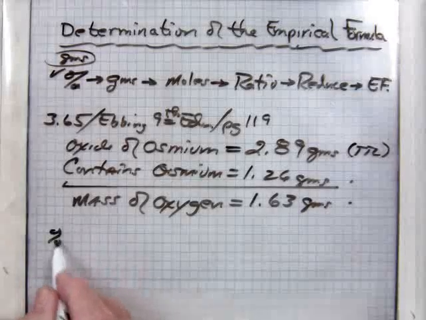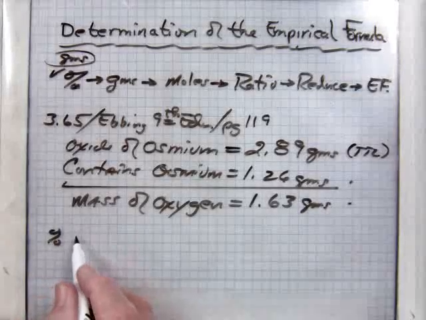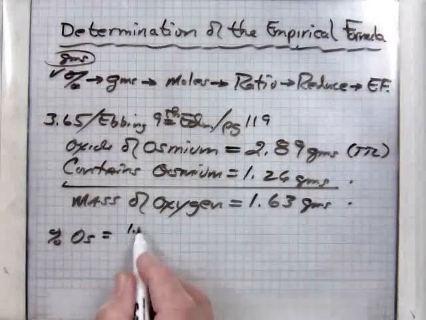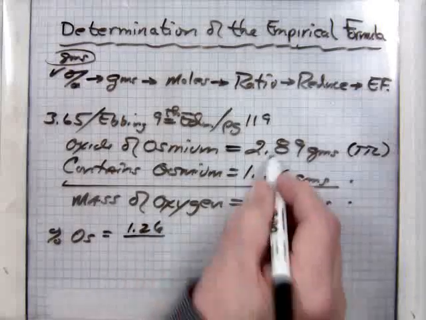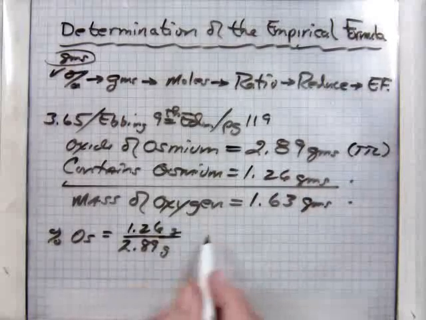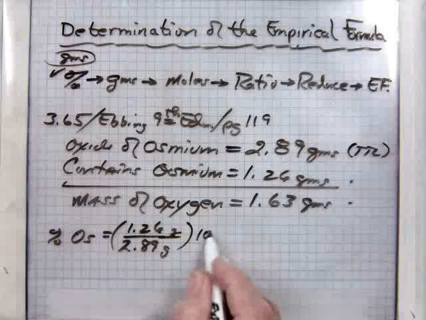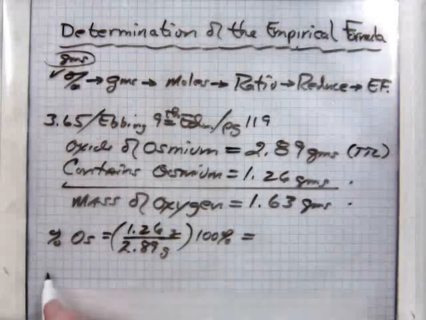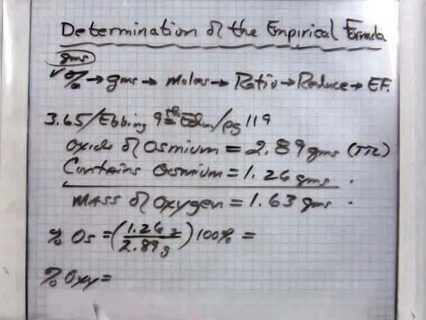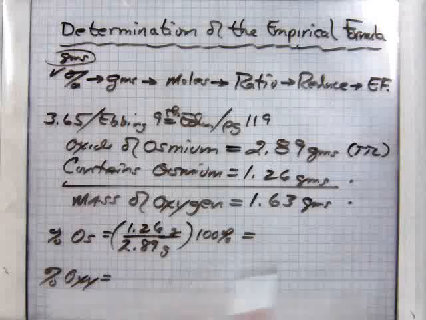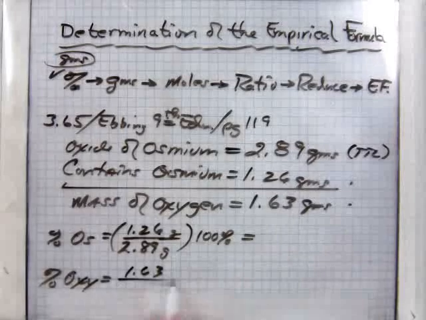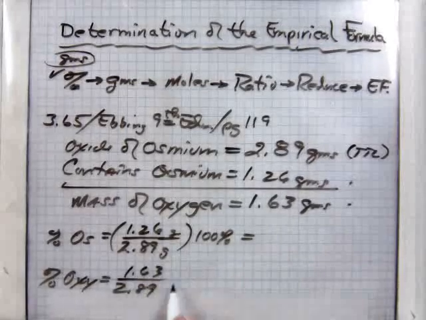So the percent of osmium will simply be 1.26 grams divided by 2.89 grams, I'll put them in, times 100%. And of course the percent oxygen will be 100 minus whatever we get up here, or you can put in the 1.63 grams over 2.89 grams.